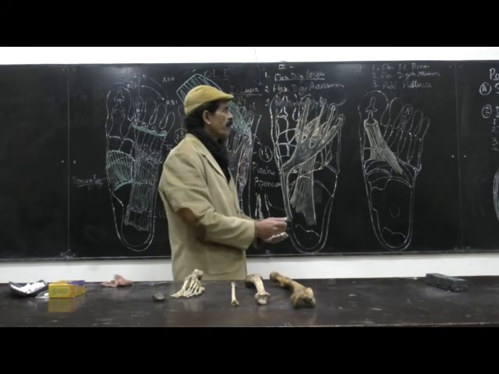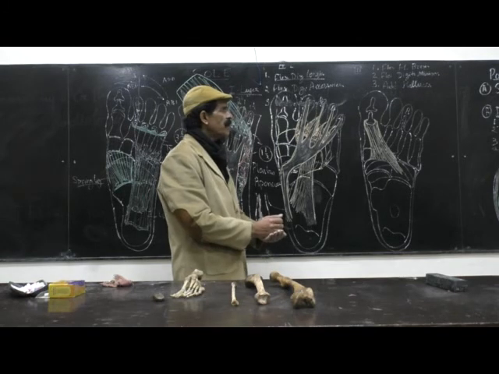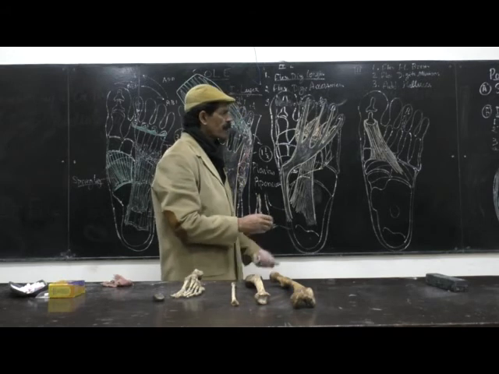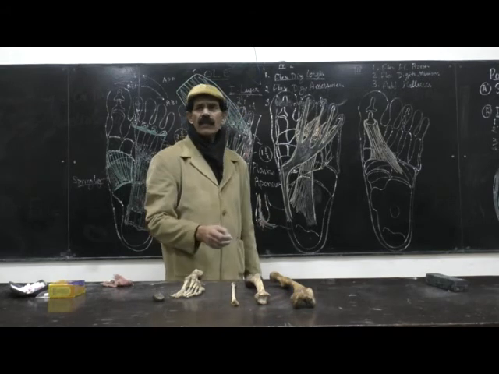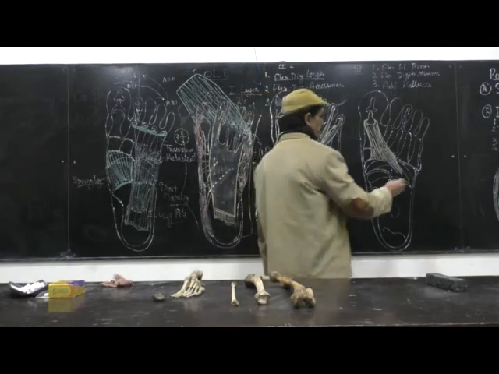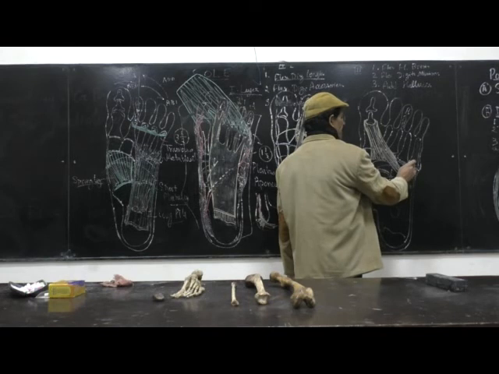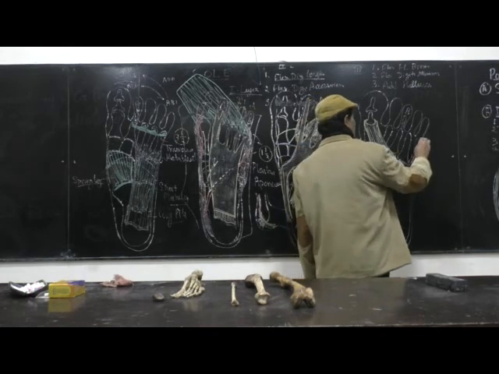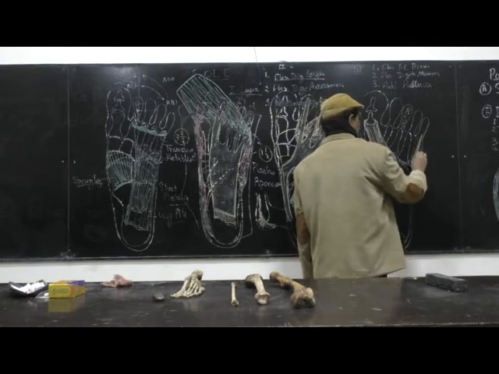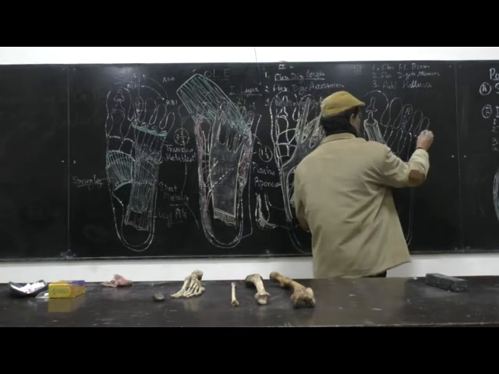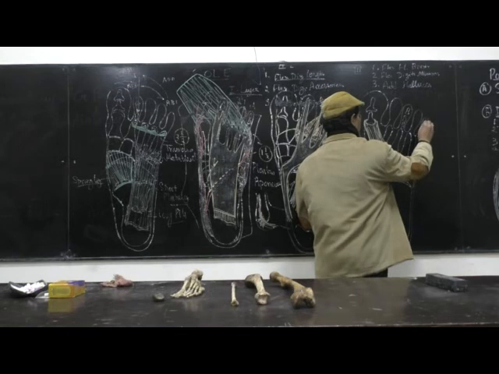Then Flexor digiti minimi. This Flexor digiti minimi muscle will bring about the flexion of the little toe. This muscle will take origin from the plantar surface of the shaft of the fifth metatarsal near the base, and it is inserted over the lateral aspect of the base of the proximal phalanx of the little toe.